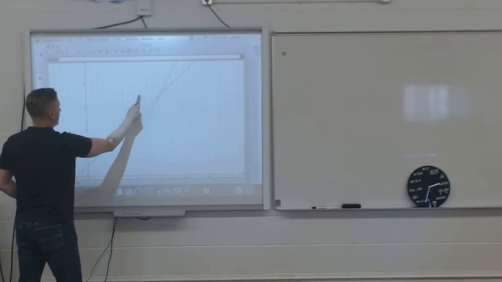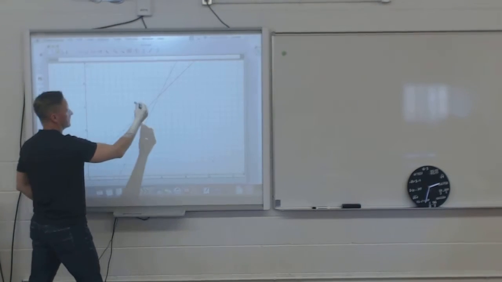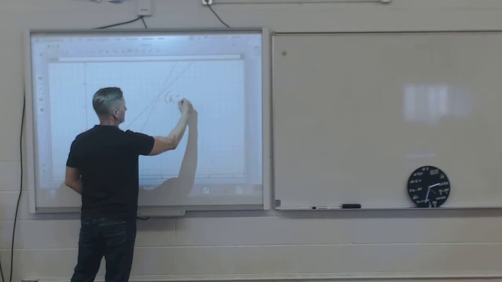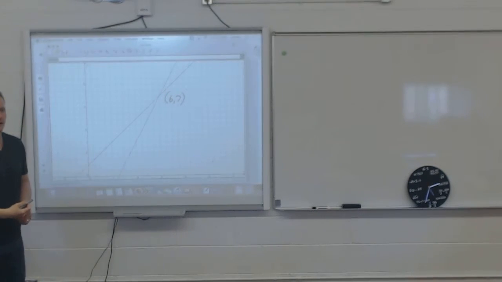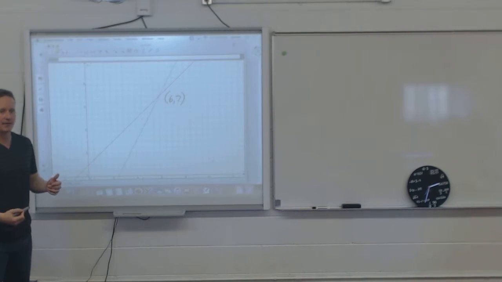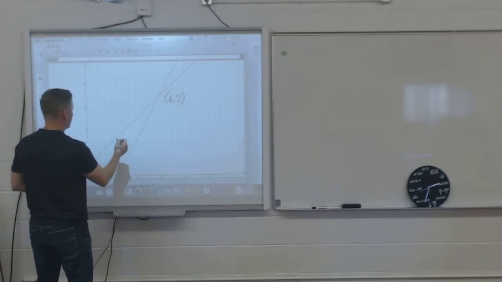So that is 6 and 7. Agreed? That's the coordinate for both of them. So the coordinate on my new graph then would be 6 and 14. I add my y's together. So far so good. So that would be my new one, okay?